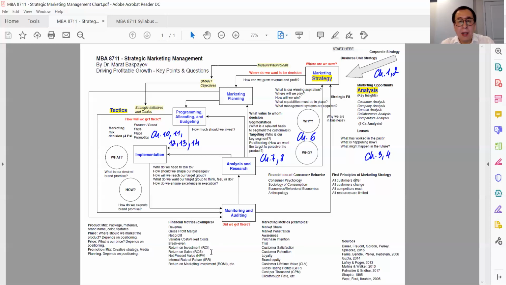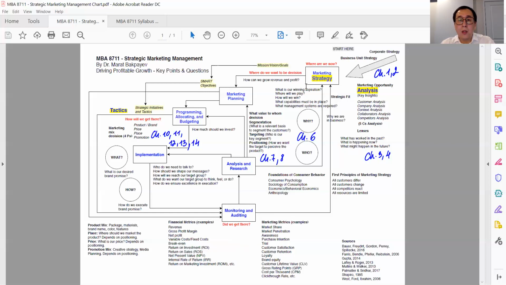So I would highlight that it's important to keep both in mind. We covered aspects such as revenue, gross profit margin, net profit, cost, break even, etc. But you also have to keep in mind market share, penetration, awareness, trial, etc. This list goes on, right? So essentially you're deciding what metrics you will use to evaluate your progress.